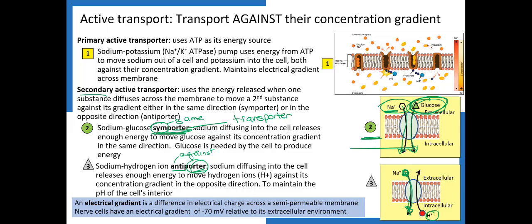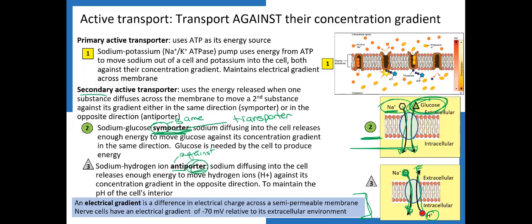And see, the direction of hydrogen transport outside the cell is opposite to the direction of sodium transport into the cell. I'm not going to talk about electrical gradients in great detail, apart from noting that most cells have an electrical gradient, a difference in the electrical charge when you compare the inside of the cell to the outside of the cell.